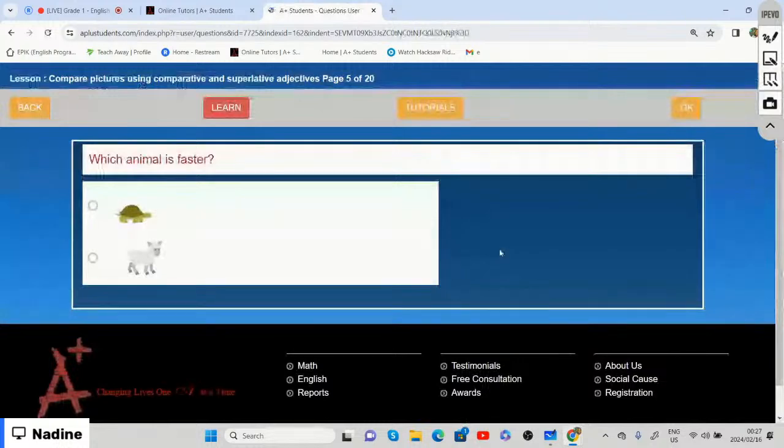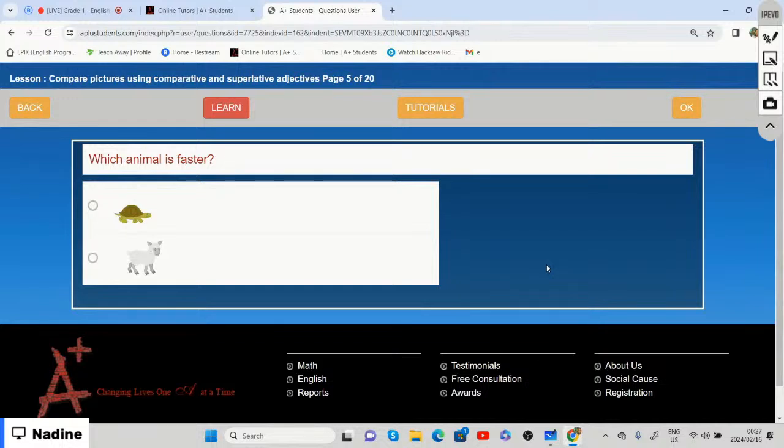Which one is faster? Faster. So we need to say which one is faster.